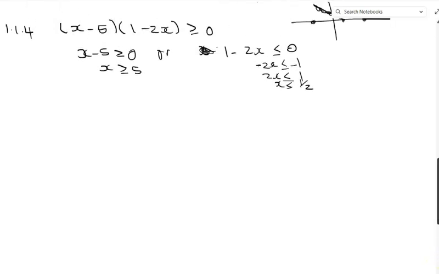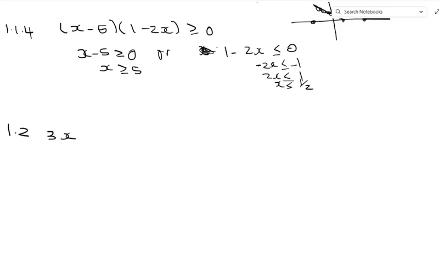Okay, let us create more space. Okay, we're going to have 1.2, right? So here we're going to be solving the simultaneous equation.